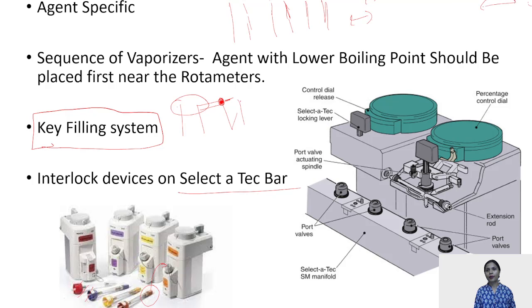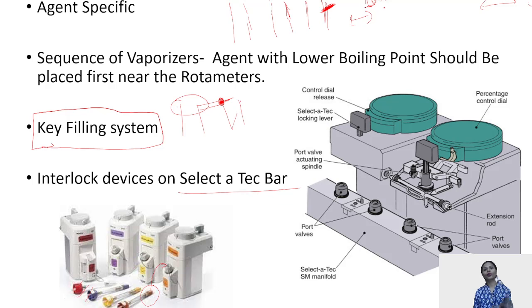Low BP ones are near your fresh gas flow, because they need more of the fresh gas flow, and your higher boiling point ones have to be near your common gas outlet.